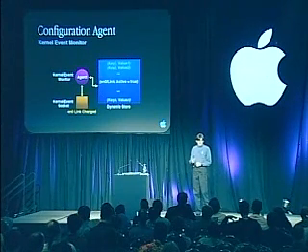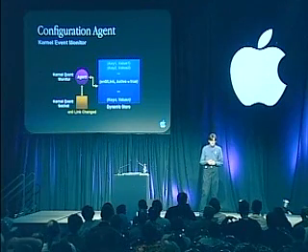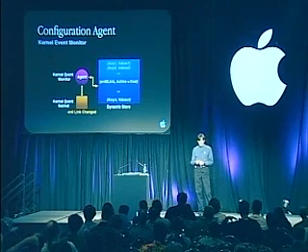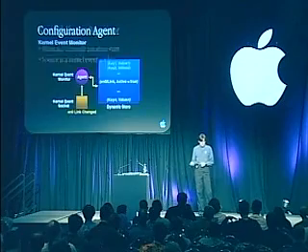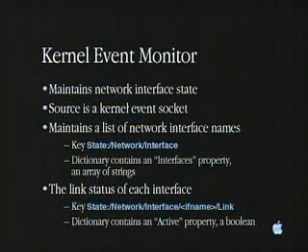In this case, the link status on EN0 has changed, and the kernel event monitor has updated a key in the dynamic store that says that the link status has gone active.